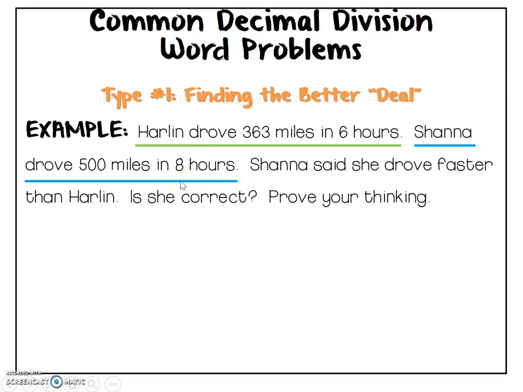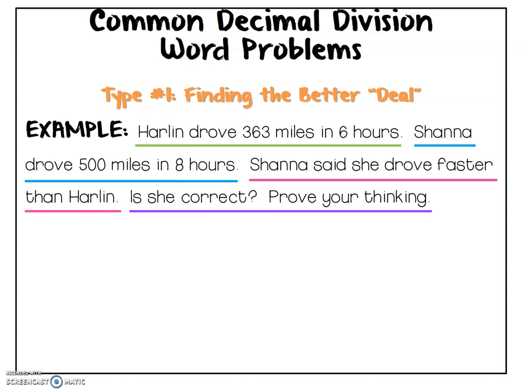Since it's not the same amount of time, I'll need a different way to tell which person drove faster. When it says Shanna said she drove faster than Harlan, that's how we know this is kind of like a better deal or a who did it best kind of question. And finally, I'll need to prove my thinking when I say whether or not she's correct.